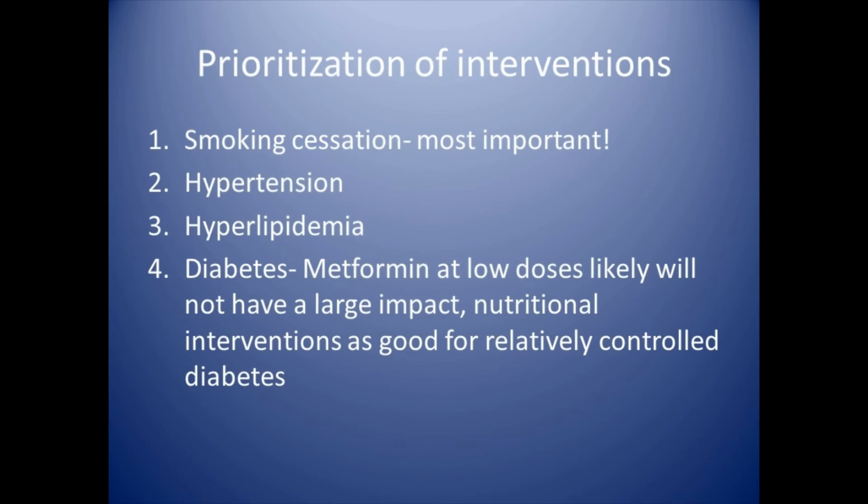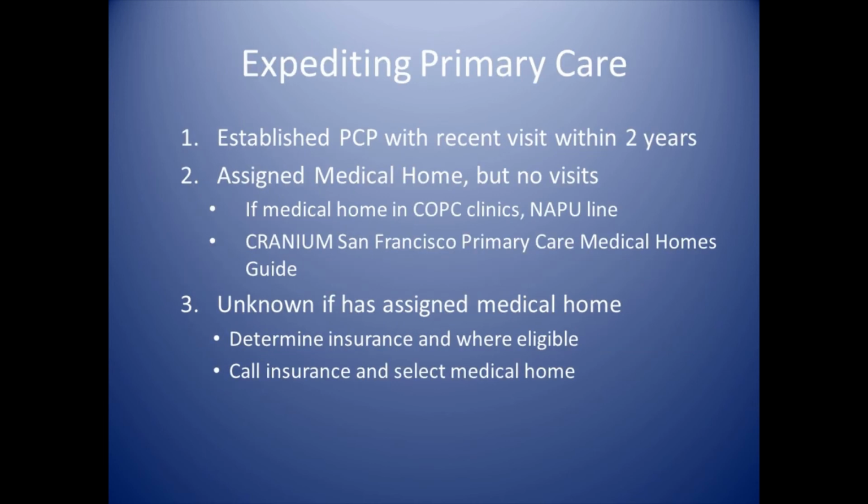We then want to encourage initiation of treatment for hypertension, followed by dyslipidemia, and recognize that among patients with severe diabetes, these low doses of metformin alone are unlikely to solve the overall problem, and sometimes nutritional interventions can be as strong and impactful.